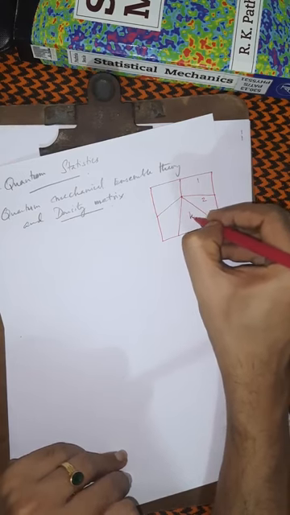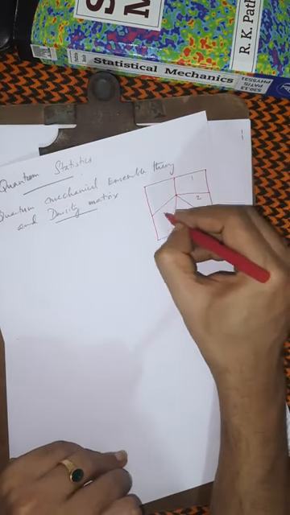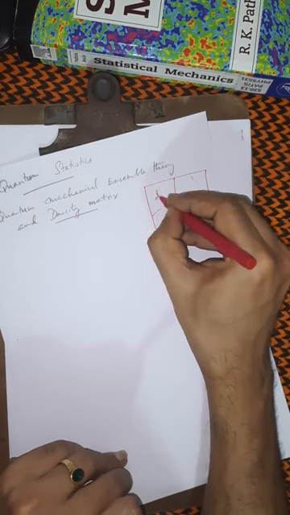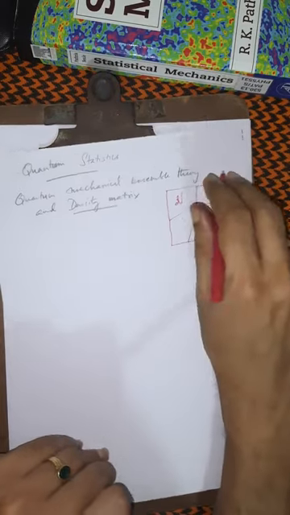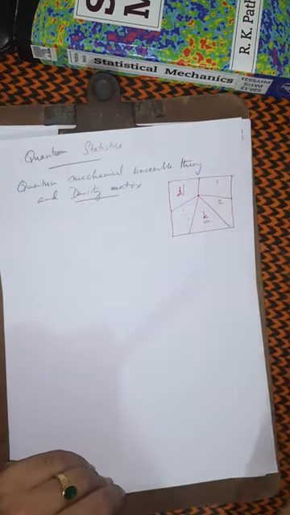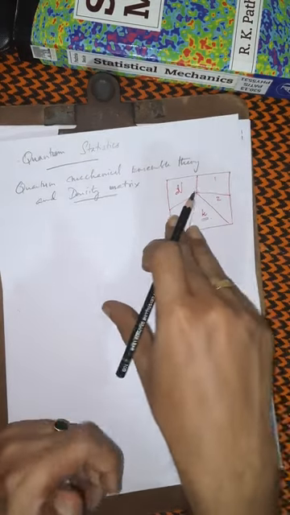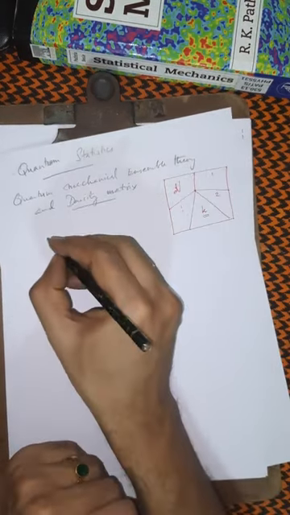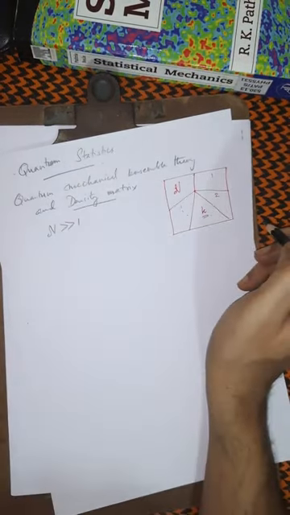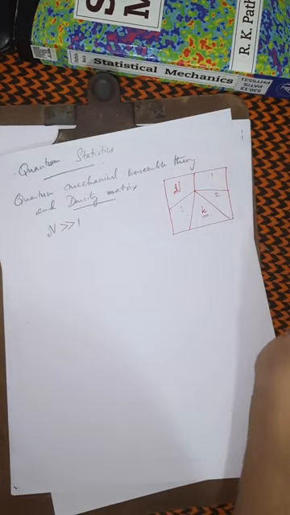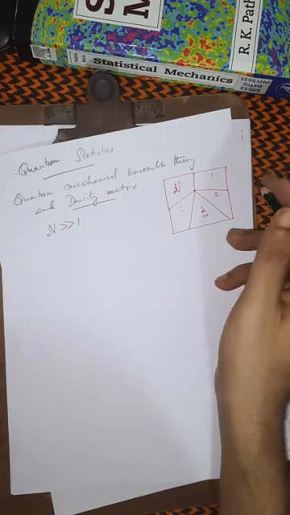And I have a microstate or an element which I call K, and there are script N elements in this ensemble. So that is our assumption. I assume that script N is much bigger than 1. So script N is the total number of microstates or total number of elements in the ensemble which I consider.